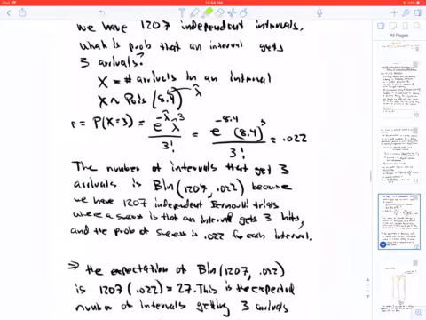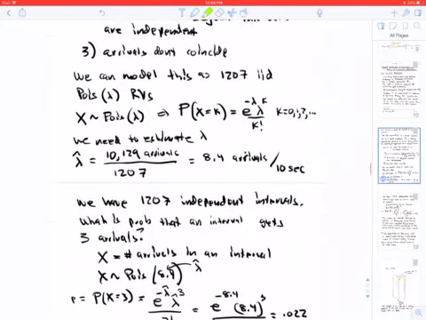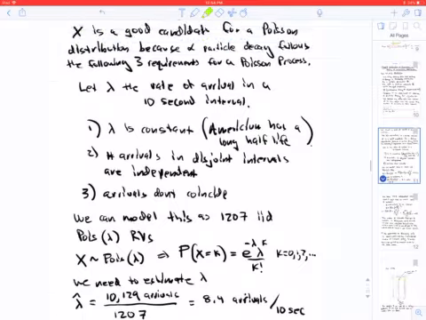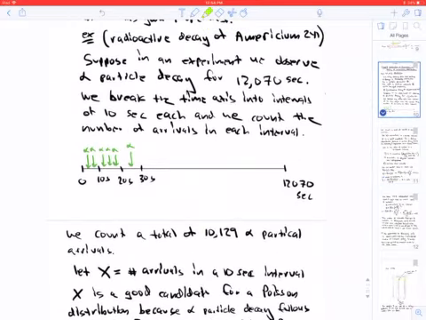The key idea here is that each of these intervals is independent, and so, for example, each interval, if you define it as being successful by getting 3 hits, then you can compute the probability p that an interval has 3 hits.